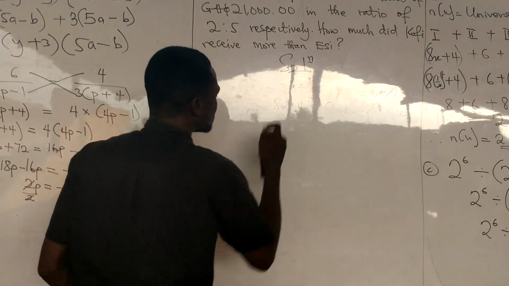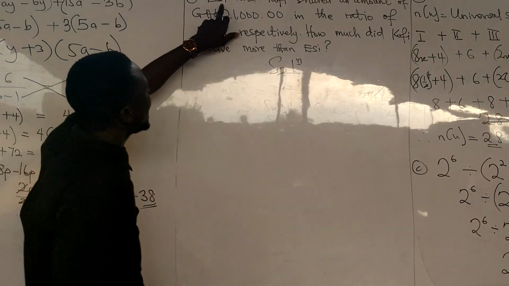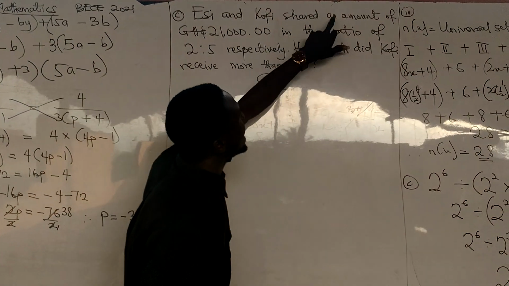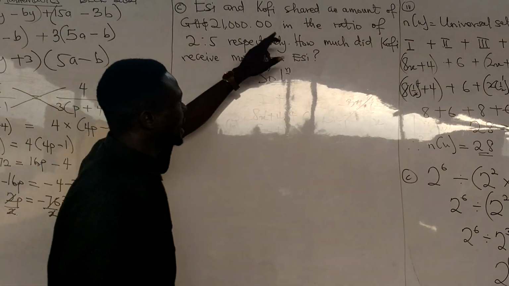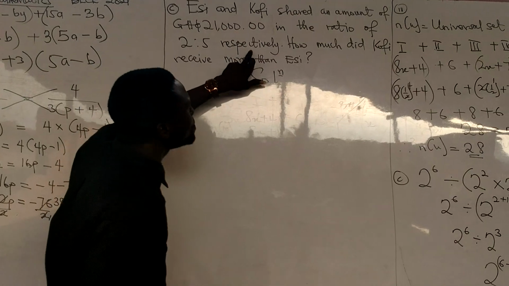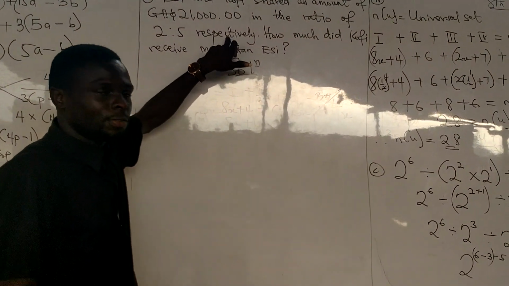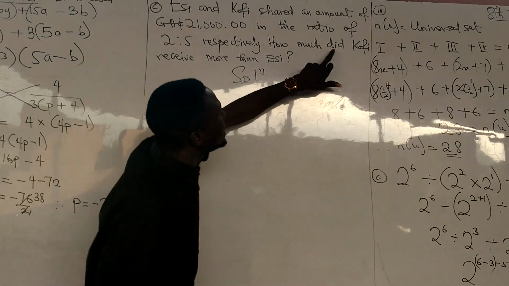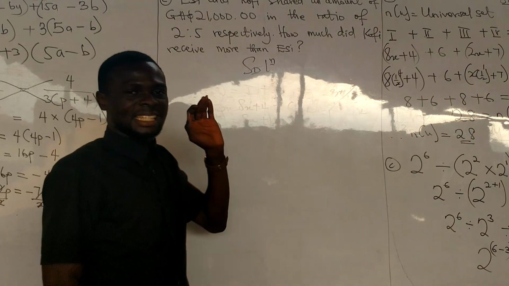Let's read the question. The question says, AC and Kofi shared an amount of 21,000 Ghana cedis in the ratio of 2:5 respectively. Note this word, respectively. How much did Kofi receive more than AC?